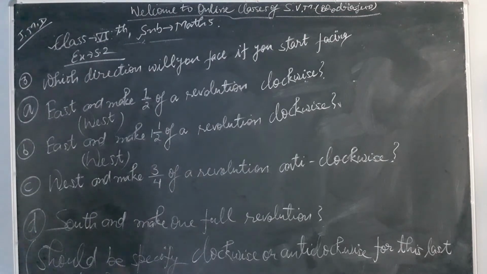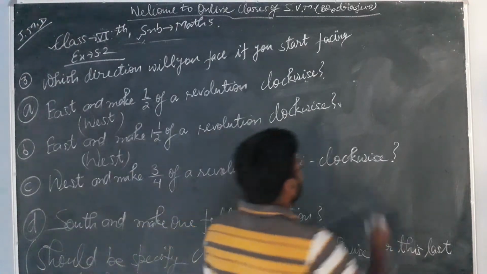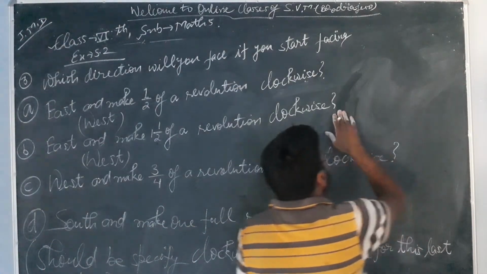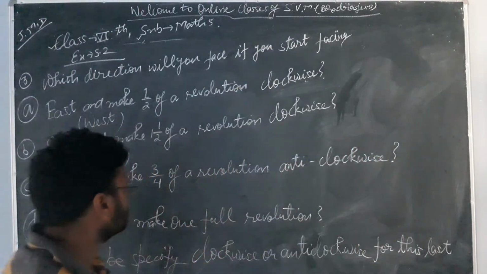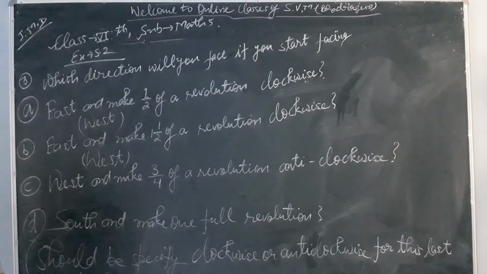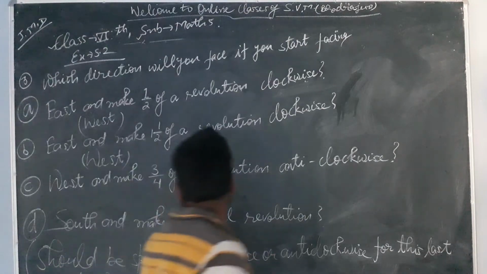I checked that all the essential information is still there on the board. Now we will start. West and make 3/4 of a revolution anti-clockwise.